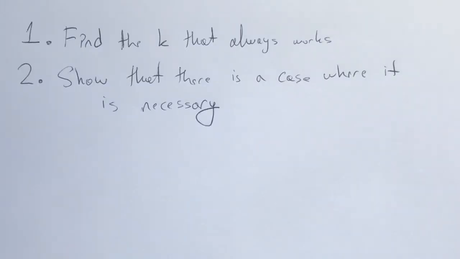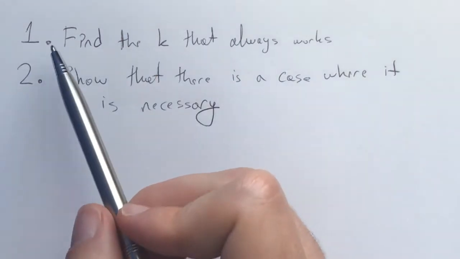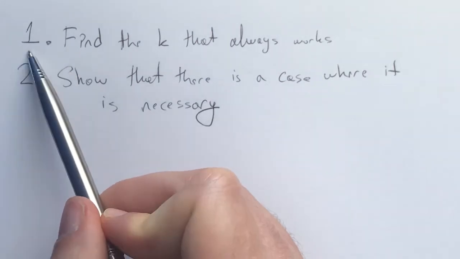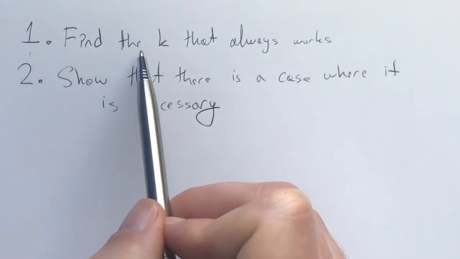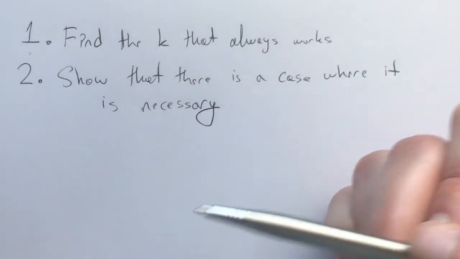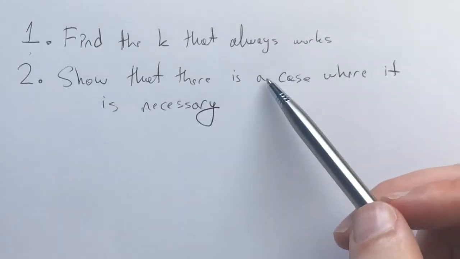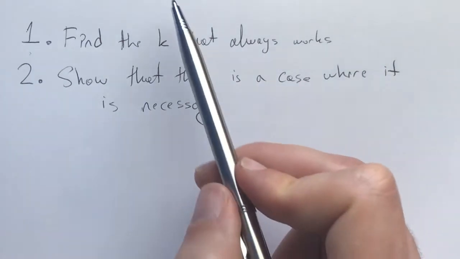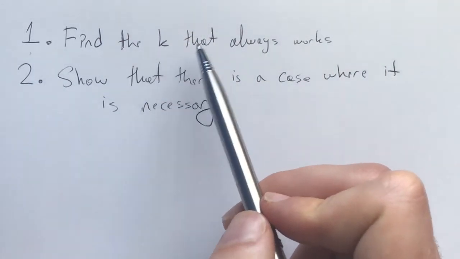Now, before we continue on with this problem-solving journey, I would like to point out something general about these types of problems. Namely, they have two parts. The first one is that we need to find the k that always works, meaning that whatever the ai's are and whatever d is, we will be able to break them up into k groups.